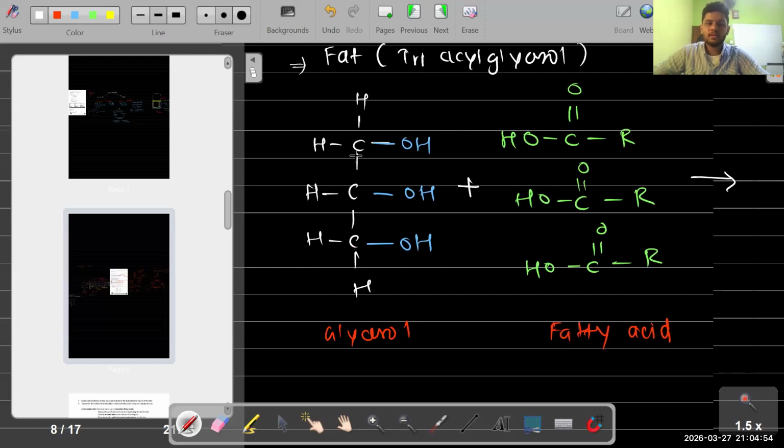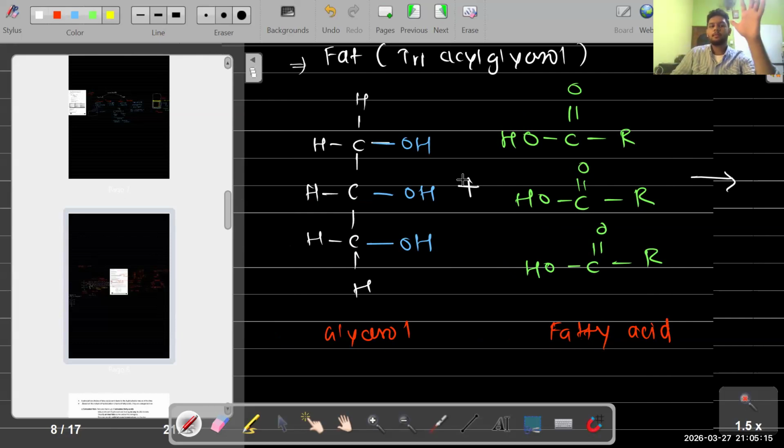Now, how does the reaction look? It will look like this. I'll use yellow color. There is an OH group here, here, and here.